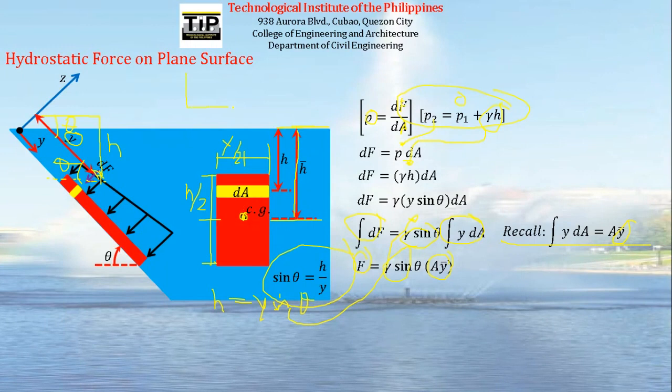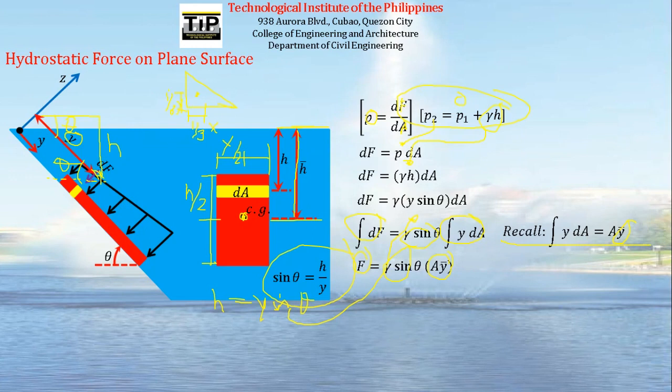Now, for triangle, iba yung CG natin. CG is located somewhere here, and from this side, it is 1/3 x. And then from the base, it is 1/3 y.